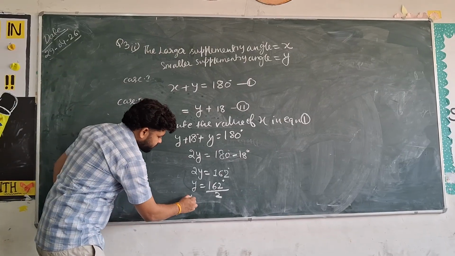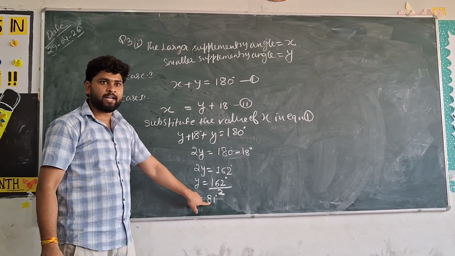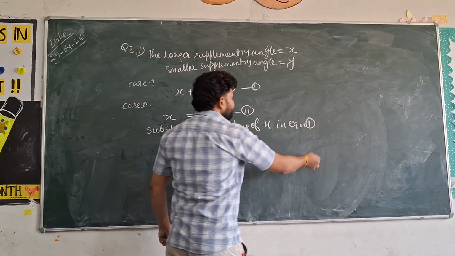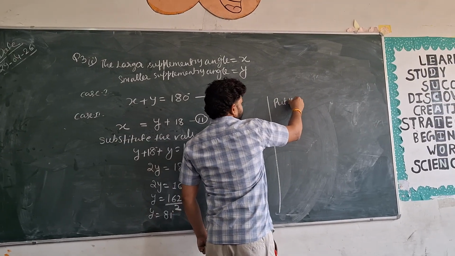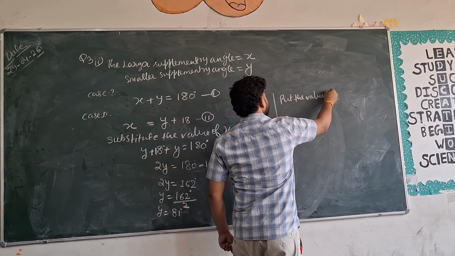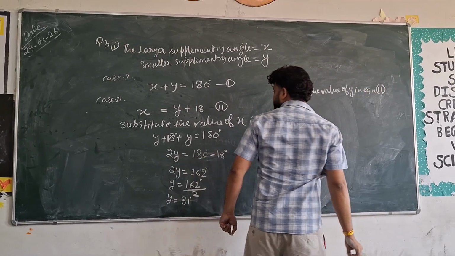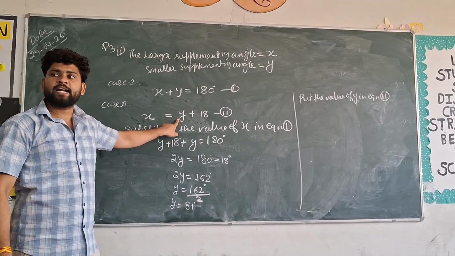It becomes 81 degrees. We get the smaller angle, 81 degrees. Now we need to find the larger angle. So we can put the value of y in equation 2. Equation 2 is x equals y plus 18.